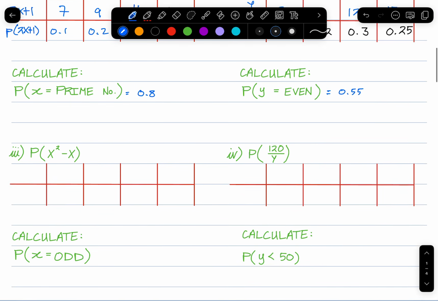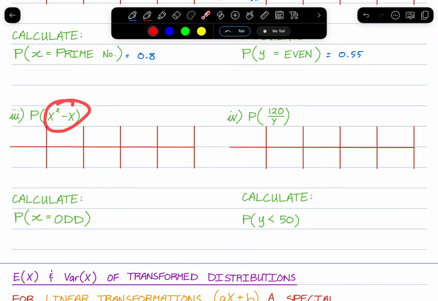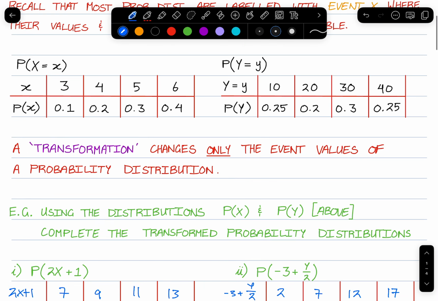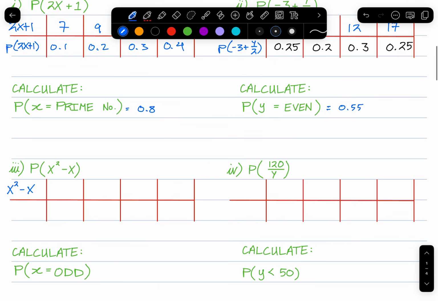Like I said, all of these must now be very straightforward because the transformations are very straightforward here. So in this case, we're going to square the X minus X. So squaring this, we get 9 minus 3 is going to be 6.